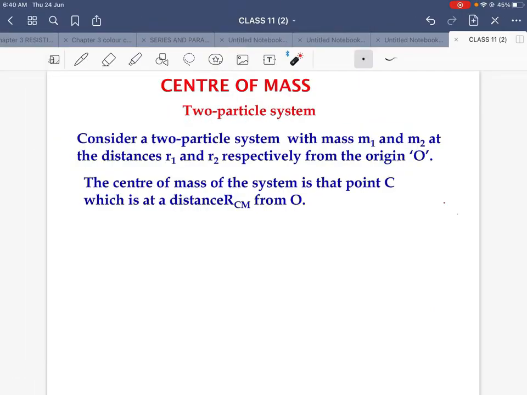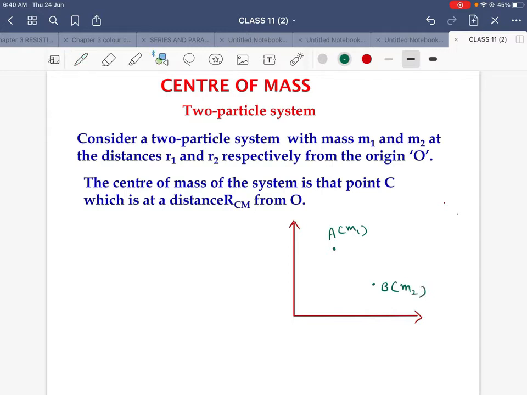In order to find the expression for center of mass of two particle system, consider coordinate axis, that is x-axis and y-axis, and a system consisting of two particles. Consider one particle is present at point A having mass m1 and second particle is present at point B having mass m2.